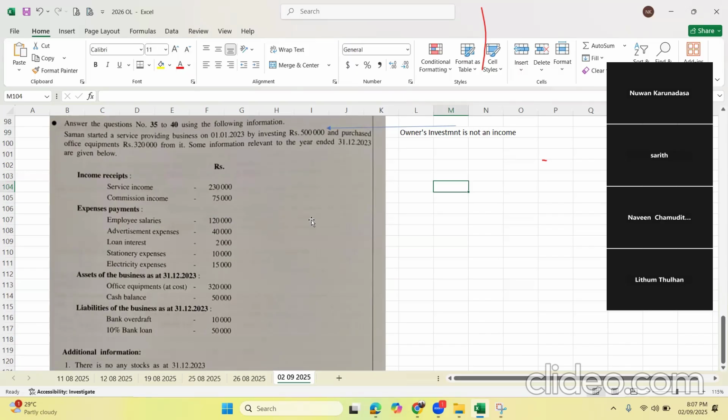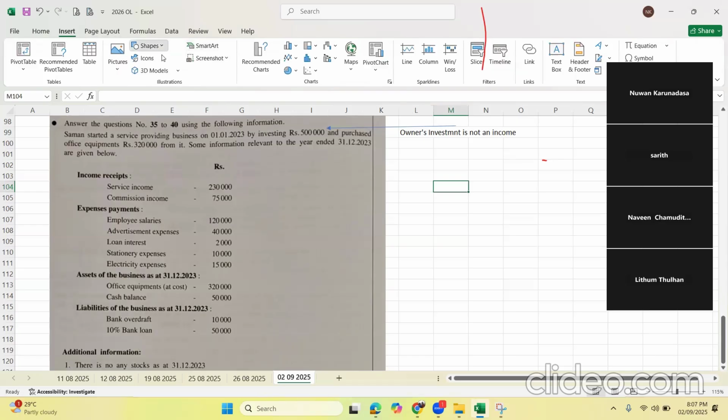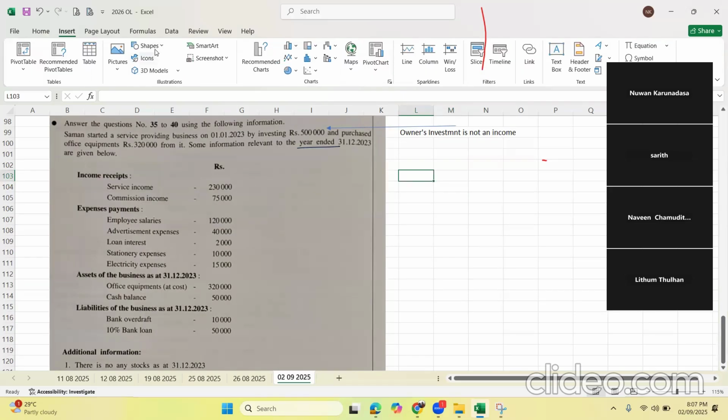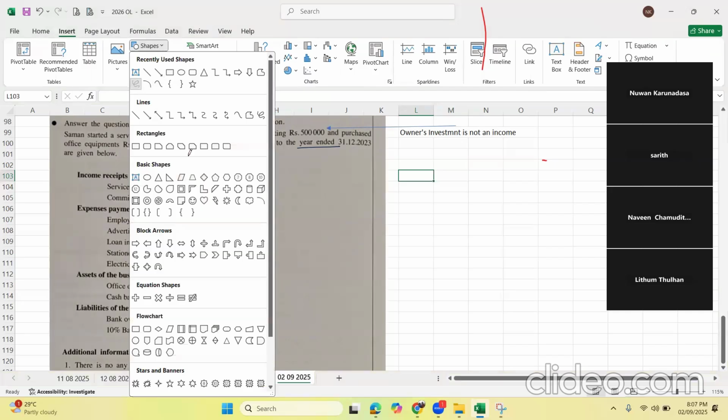Some information relevant to the year ended 31st December 2023. Now you can see the period covered here is the year ended, a calendar year. See the income. The nature of the business is a service providing organization.